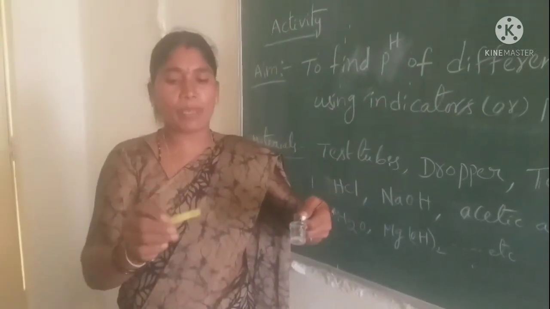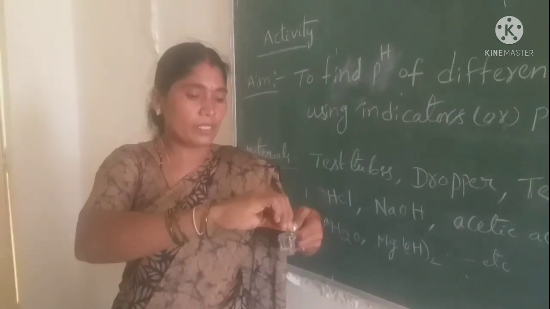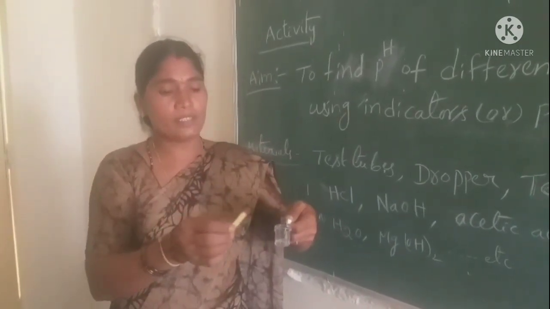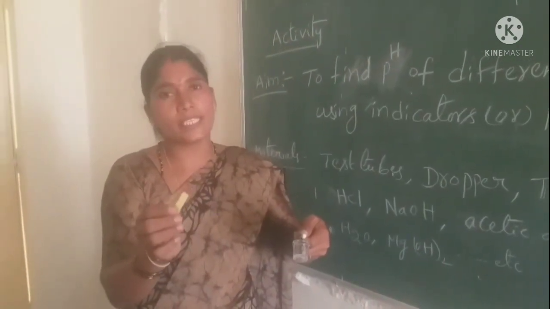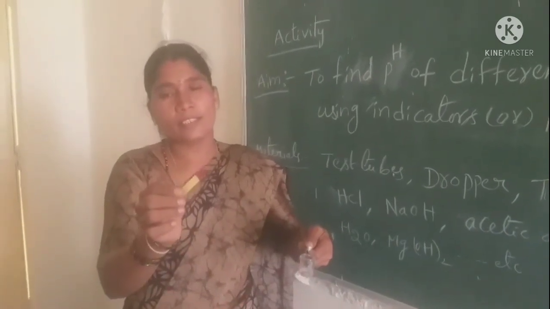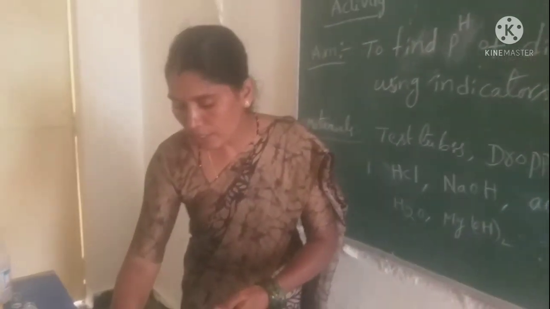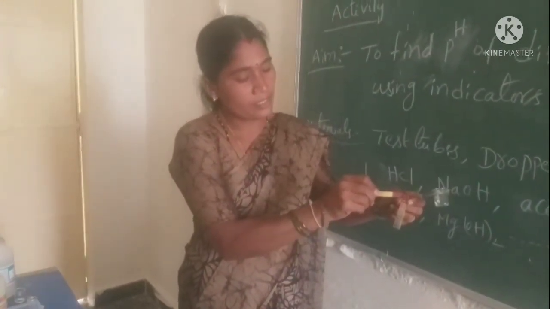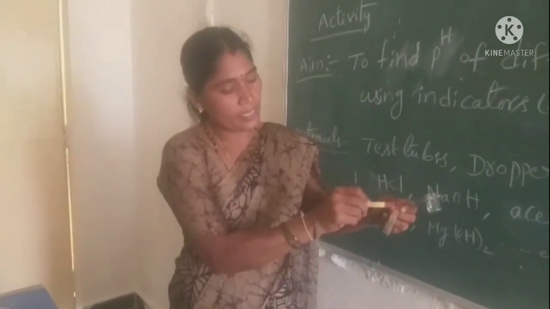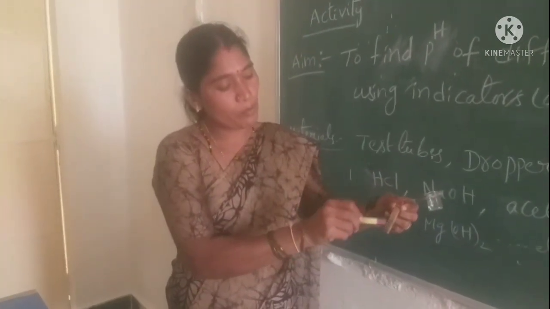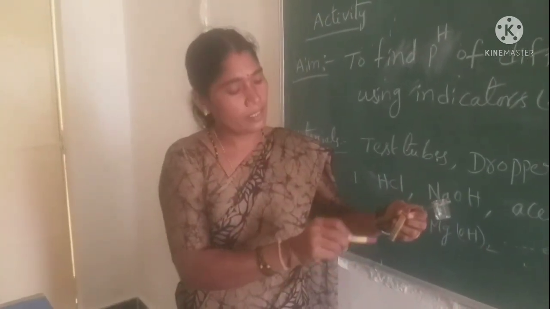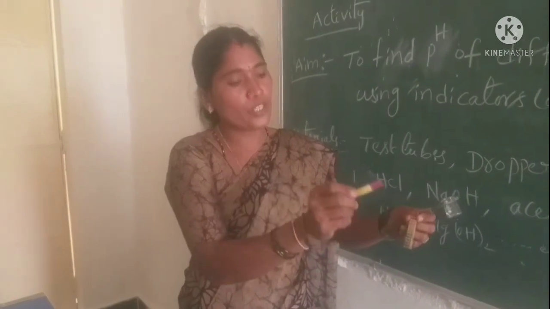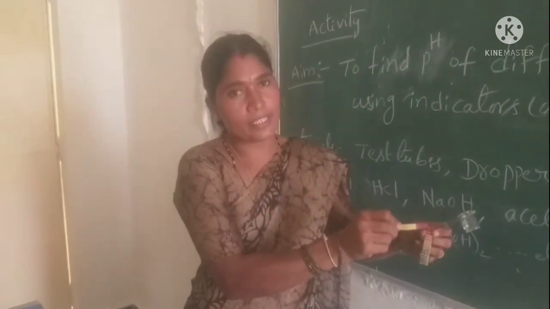This is universal paper. Dip this paper in the HCl. Which color? Yes, red. Observe the colors in this universal paper or pH scale.